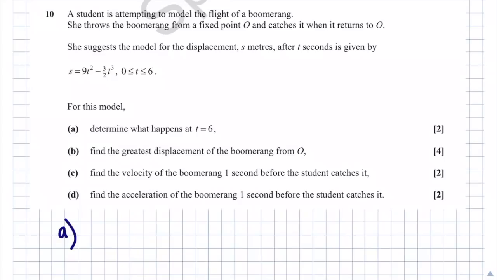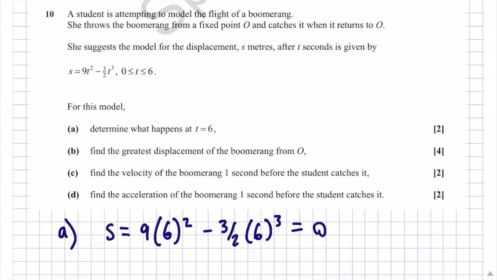So if we substitute t equals 6 into this equation, we get s equals 9 times 6 squared minus 3 over 2 times 6 cubed. What should happen is we should get an answer of 0 for our displacement, which is correct.